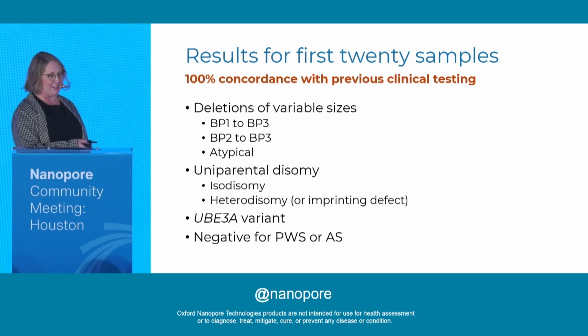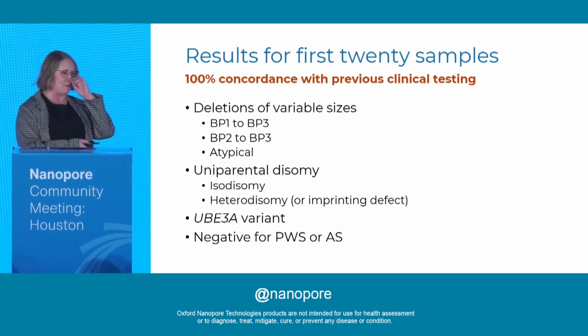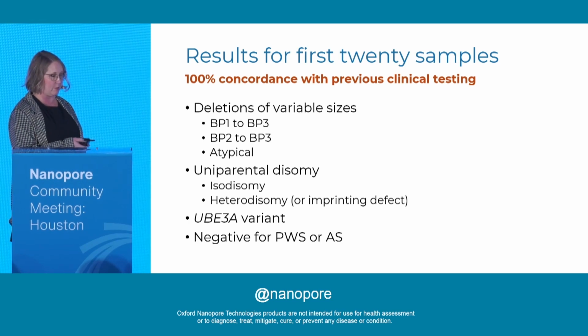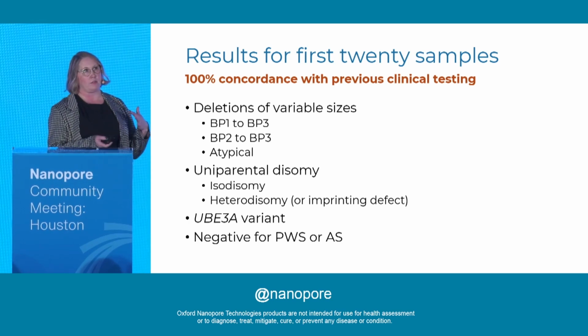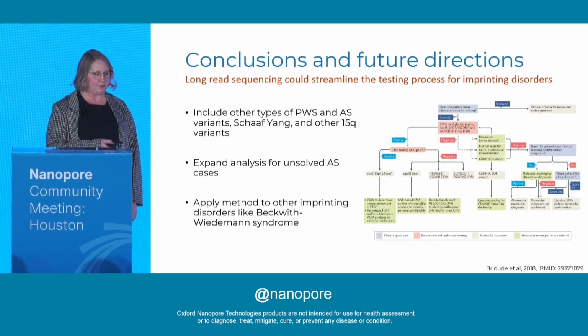We didn't provide them with any hints like, oh, this is from a 2-year-old or a 2-day-old with hypotonia. But they did great. For all of the first 20 samples that they took a look at, they arrived at the result that was consistent with the previous molecular testing.